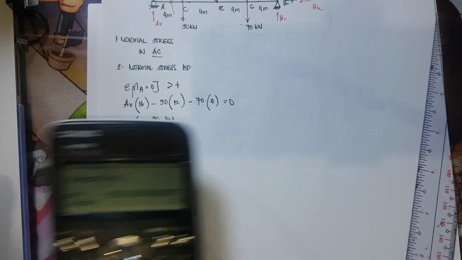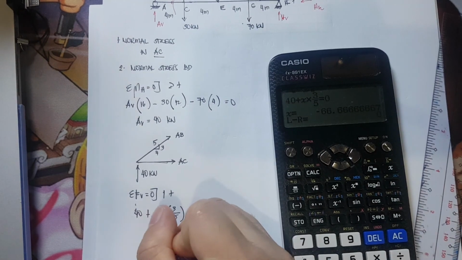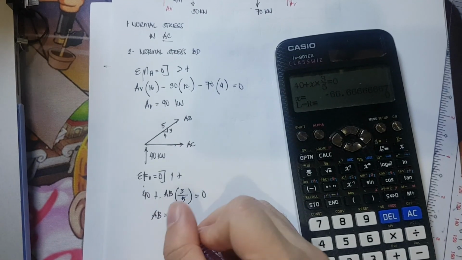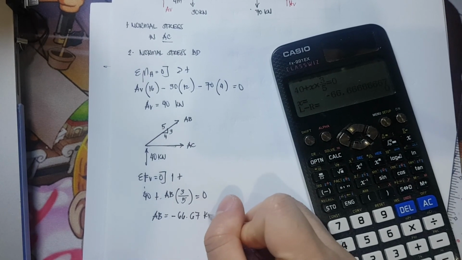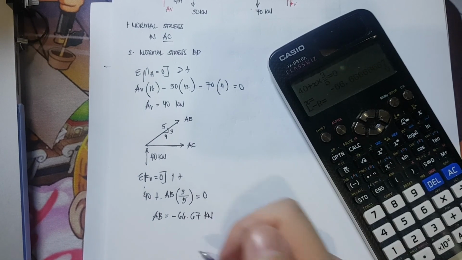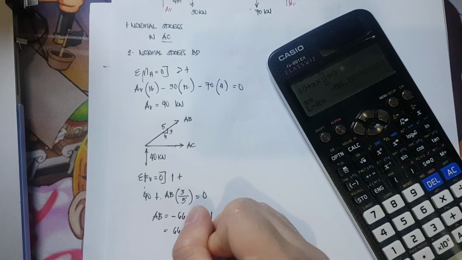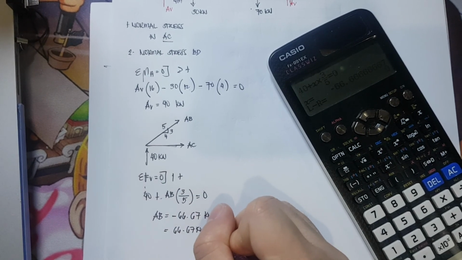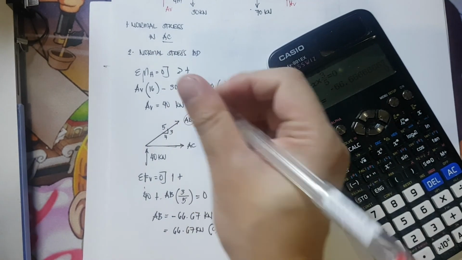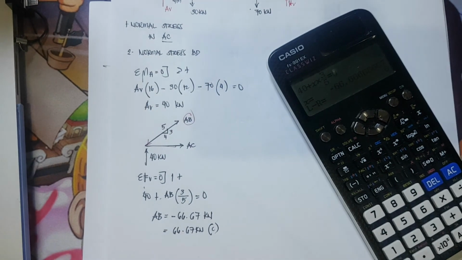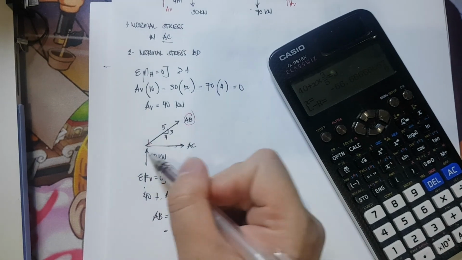So AB is equivalent to negative 66.67 kilonewton, and that is in compression. So our assumed direction, which is tension, is wrong. It should be in compression.